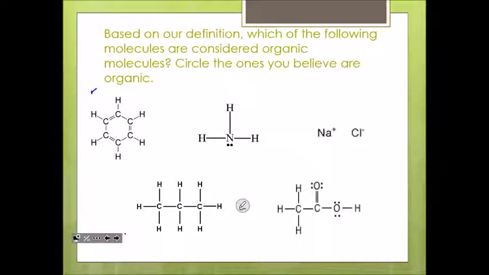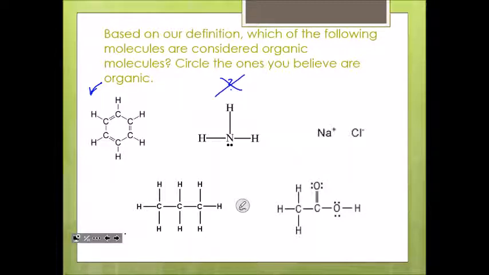Would you say this one is organic? It has carbon and hydrogen, it's forming these rings. You see double bonds, you see single bonds. Is that organic? Definitely yes. Give that a check. How about this middle one? Is this organic? No, there isn't carbon in it at all. This is actually ammonia, so this would be an inorganic molecule.